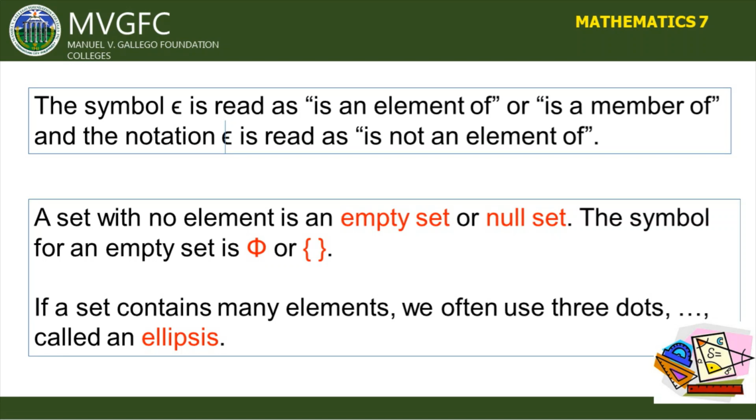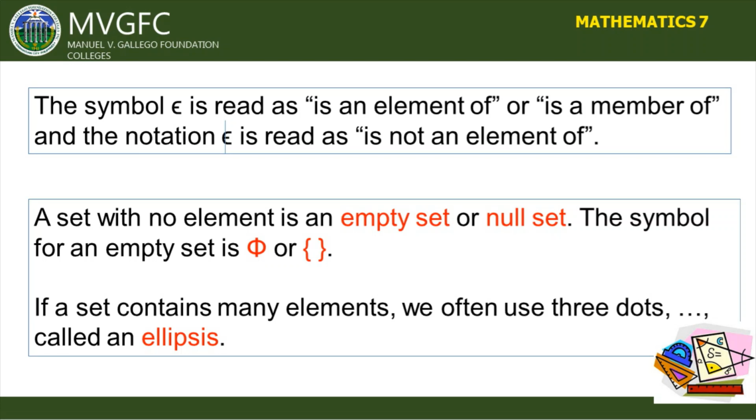In addition to that, we can also have a set with no element, and that is what we call an empty set or null set. The symbol for an empty set is shown in this slide. It's like empty braces, or a circle with a line in between.